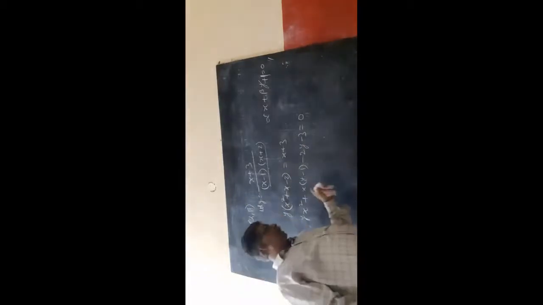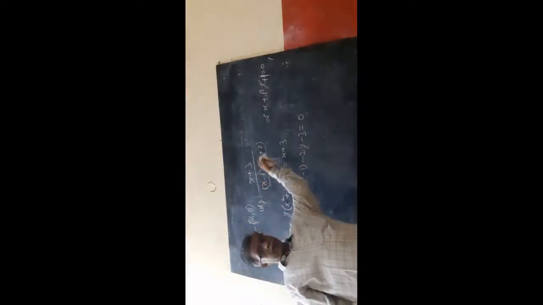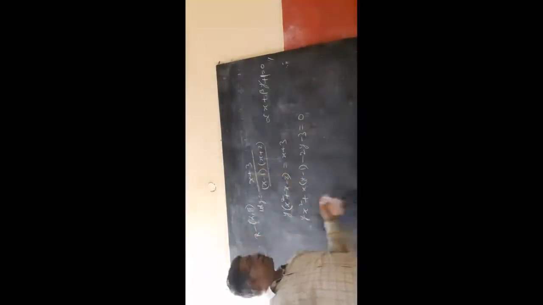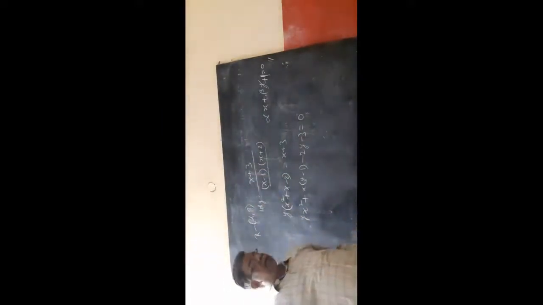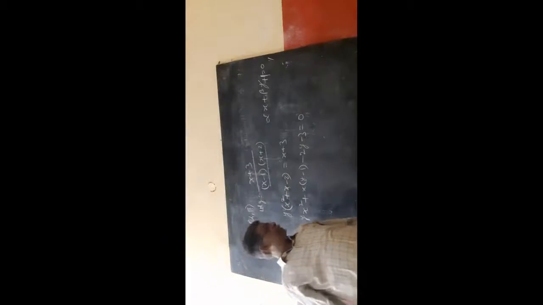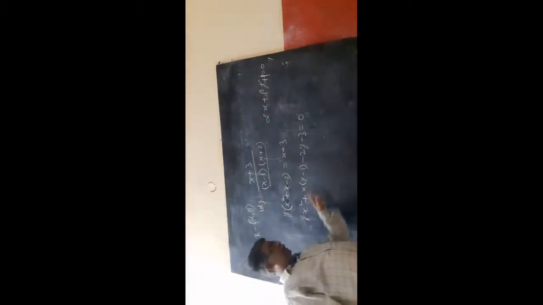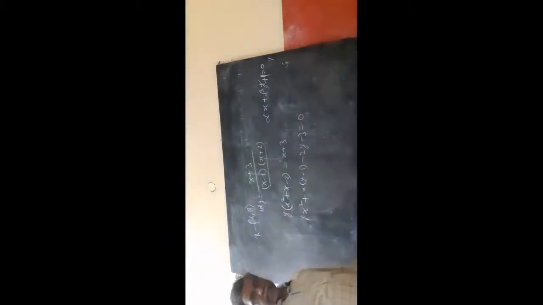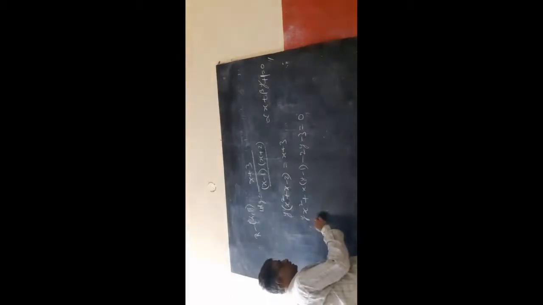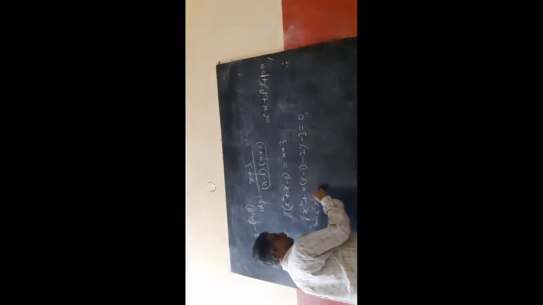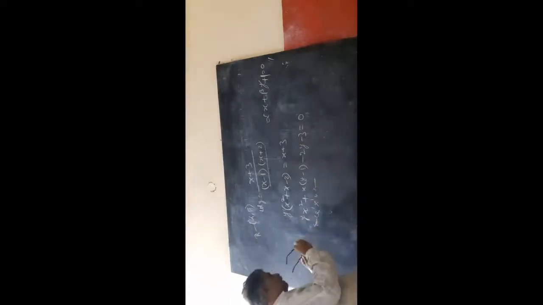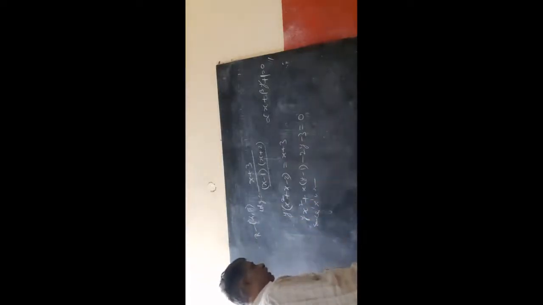Alpha, beta is the range of this expression. So the range of this expression is R minus (alpha, beta), meaning y does not lie between the two values. Since x is real, I can take b square minus 4ac greater than or equal to 0.